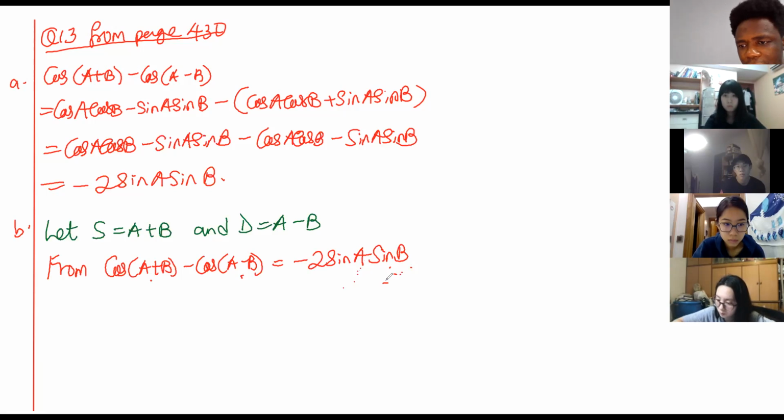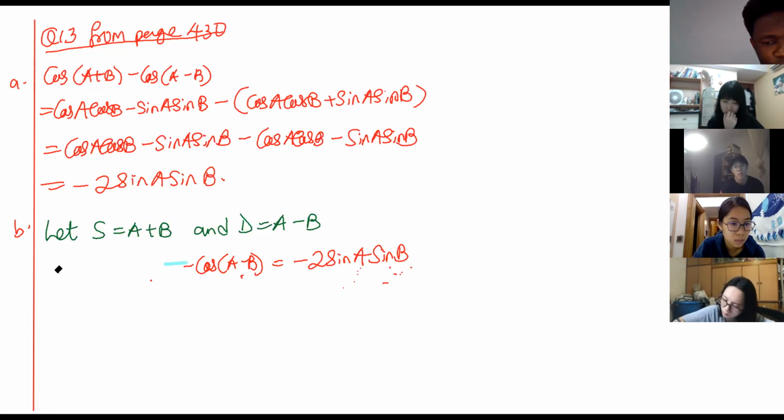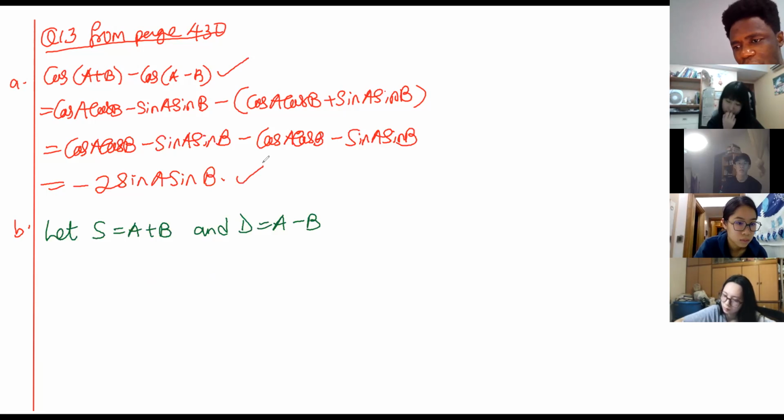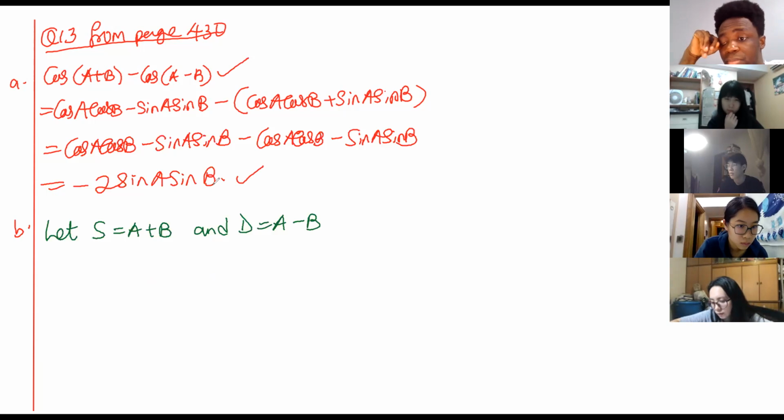All right? So Nakita, what do you suggest? We should substitute S and D first. But this is one line, so everything has to be ready before we substitute. We have A plus B, which is S, and A minus B, which is D, but we don't have A and B. What do we do? Oh, we divide them.